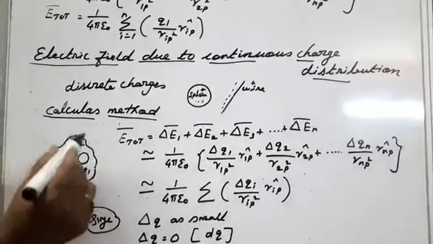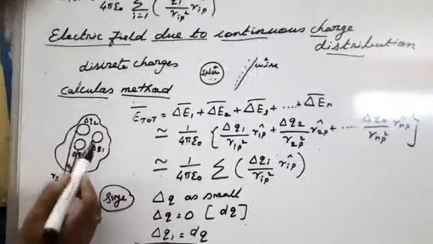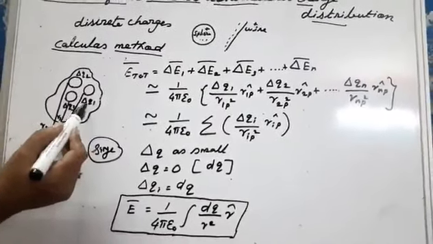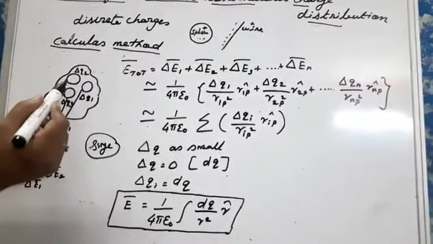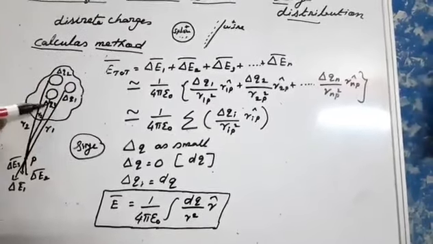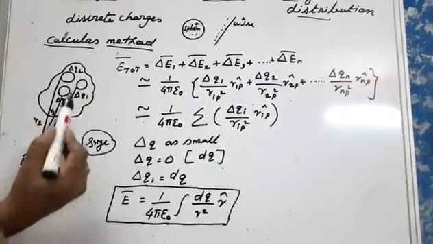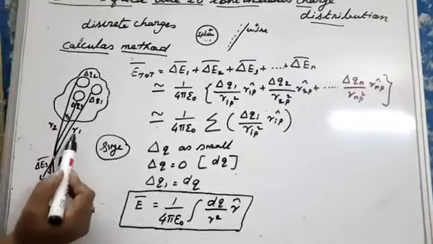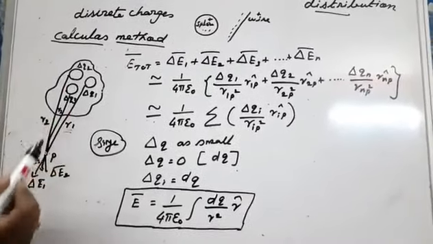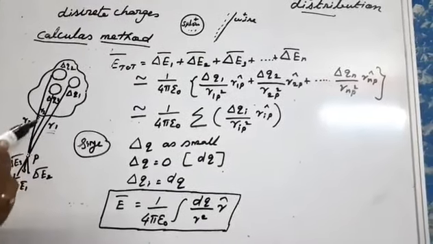Now we take one irregular charged object. Here del q1 is a small element we take, and next another small element del q2, and a third element del q3. When we consider the point P, the distance from del q1 to point P is r1, from del q2 to P is r2, and del q3 to P is r3.